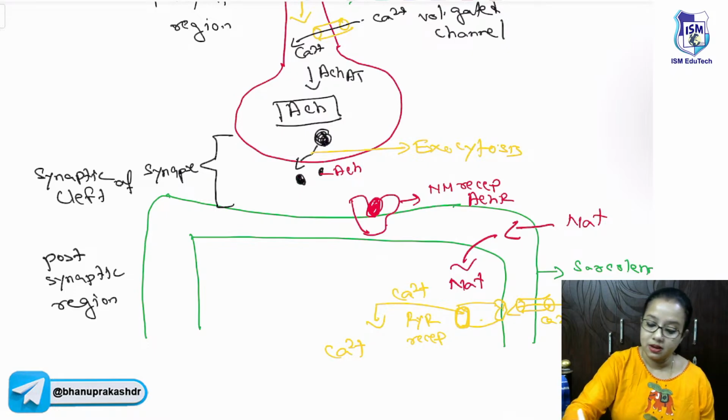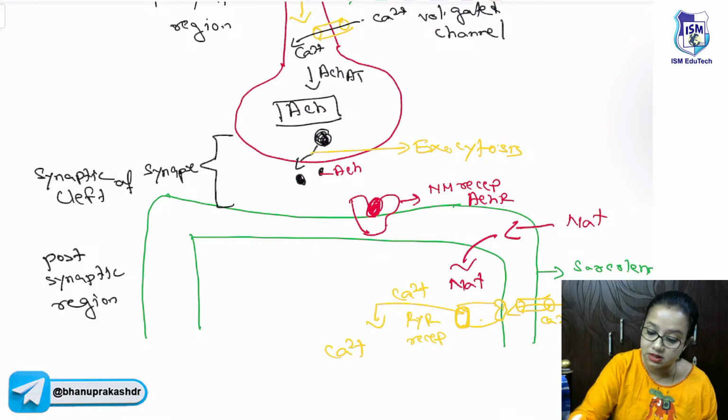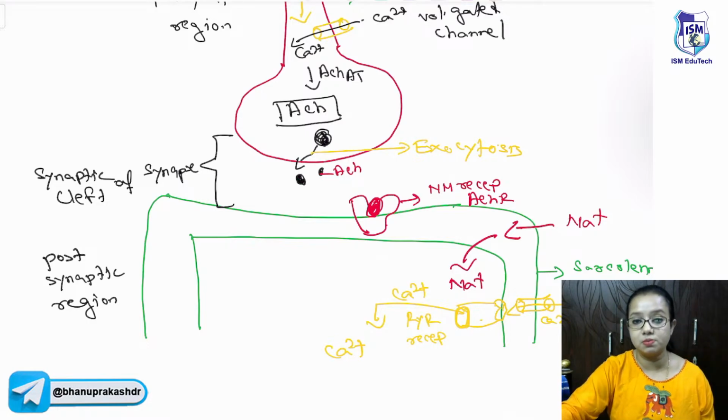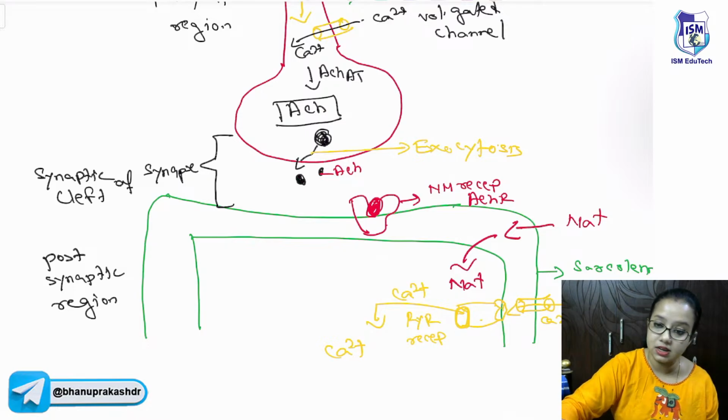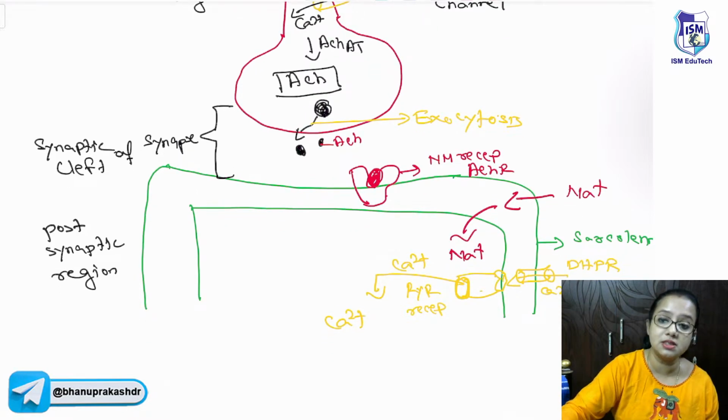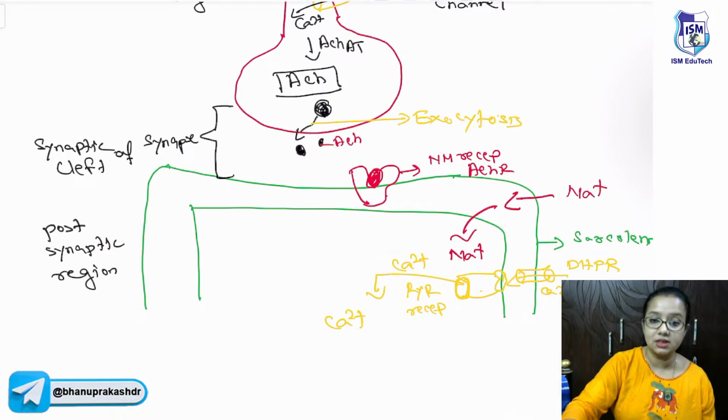Now, when it binds, it is an excitatory neurotransmitter. It will induce a wave of depolarization. First, calcium will enter through the dihydropyridine receptor because it's a voltage gated channel, which again will induce changes in the ryanodine receptor, and more calcium will enter into the sarcoplasmic reticulum. Thus, there will be a wave of depolarization.